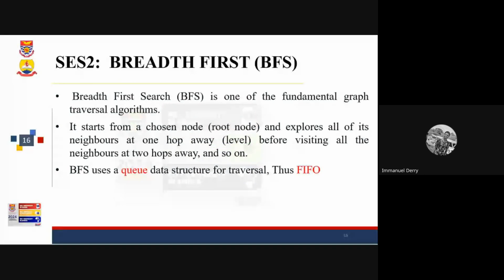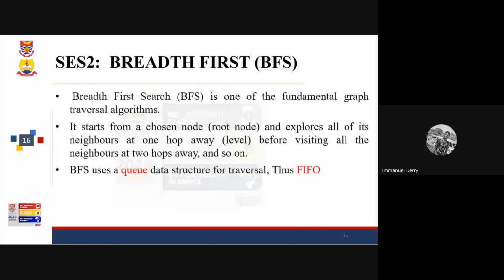So in most cases, the graph could be built in a form of a tree, or let's say a family structure, where you have the grandparent, you have the parent, and then you have the siblings in there. So the levels you're talking about here is the grandparents are on one level, you move to the parent, they're also on the next level. They move to the children, they're also on a different level, the grandchildren on a different level, in that particular order. So that's the level we are talking about here.